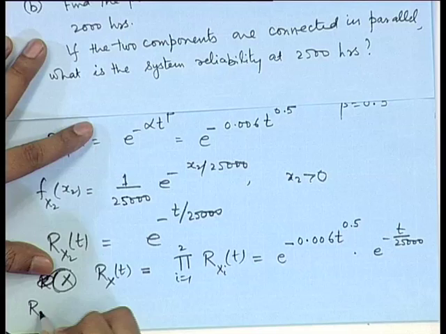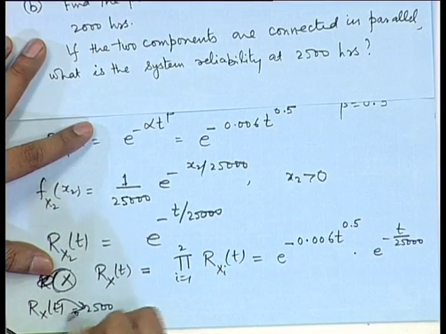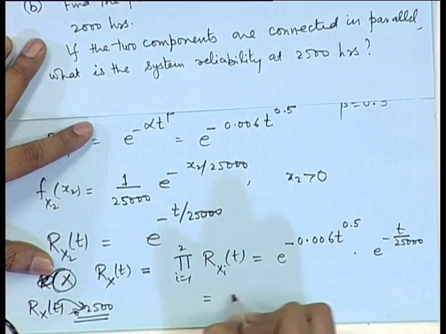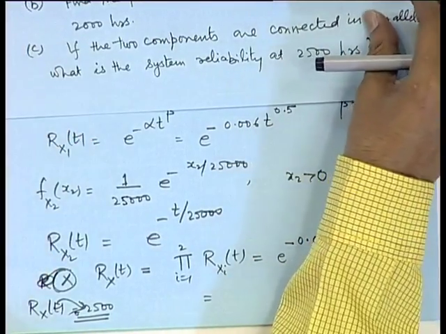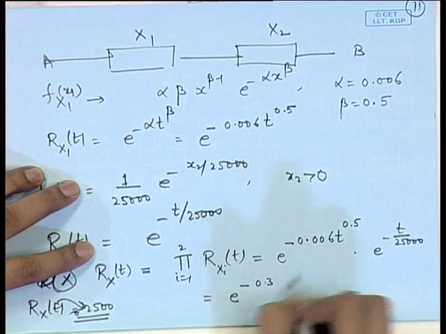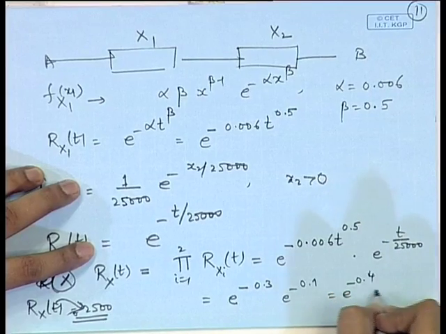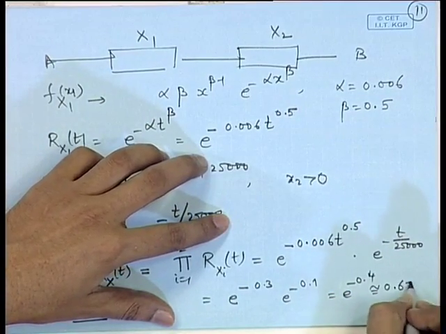If we are calculating the system reliability at t equal to 2500 hours, after substitution this becomes e to the power minus 0.3 times e to the power minus 0.1, that is e to the power minus 0.4, which is approximately 0.67.